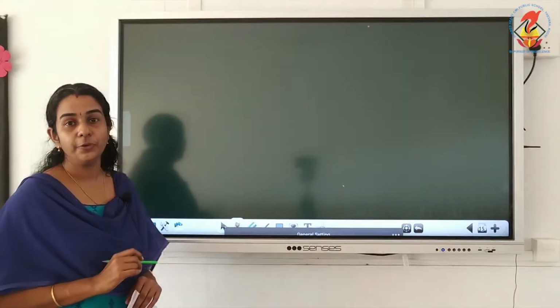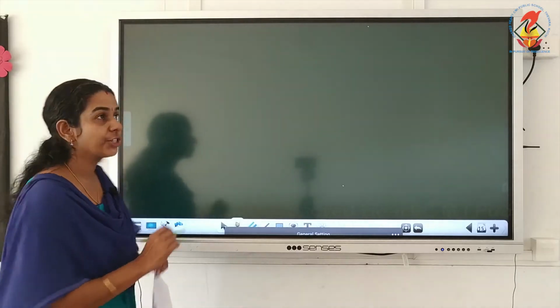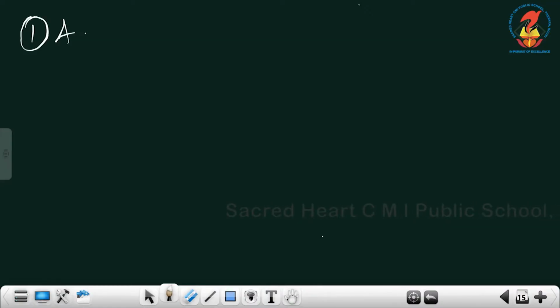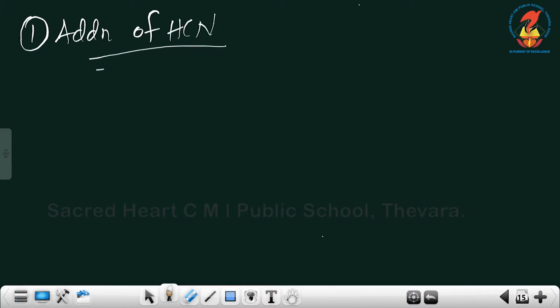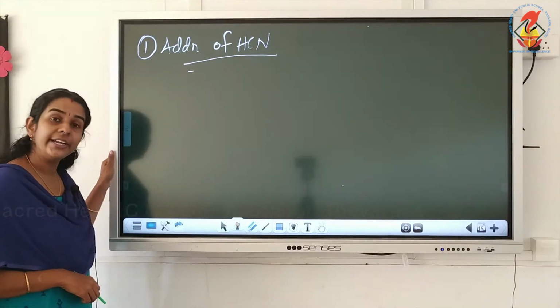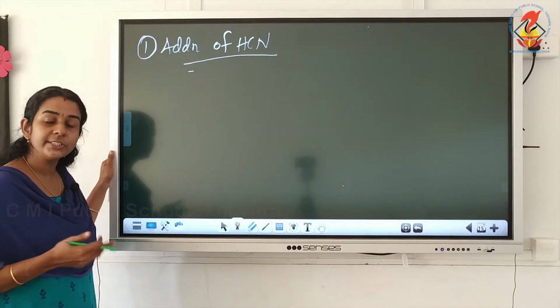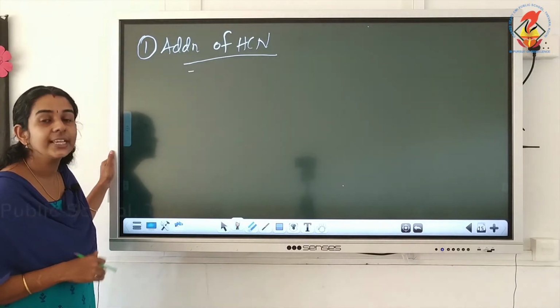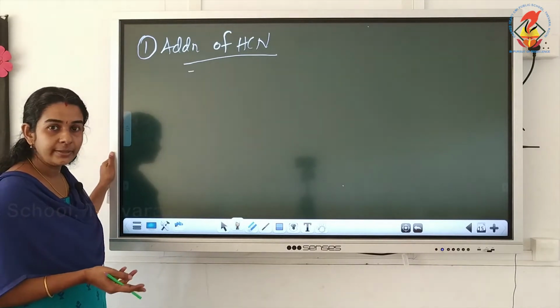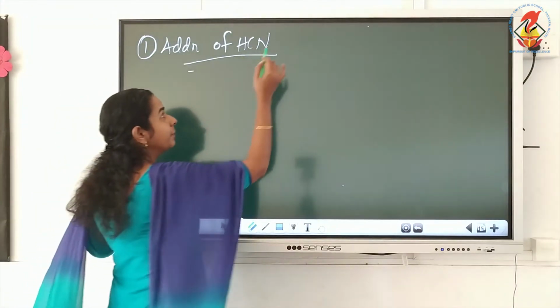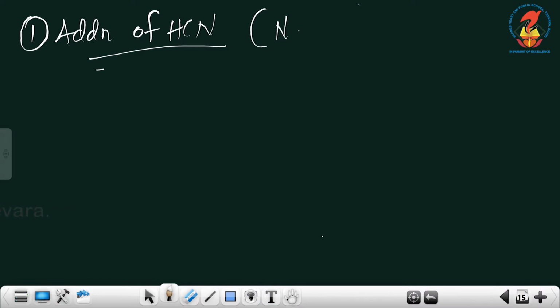First example for nucleophilic addition reaction is addition of HCN. What is HCN? Hydrogen cyanide. So, addition of HCN means definitely here the reagent is HCN. Sometimes instead of HCN, it will be given as NaCN and HCl.